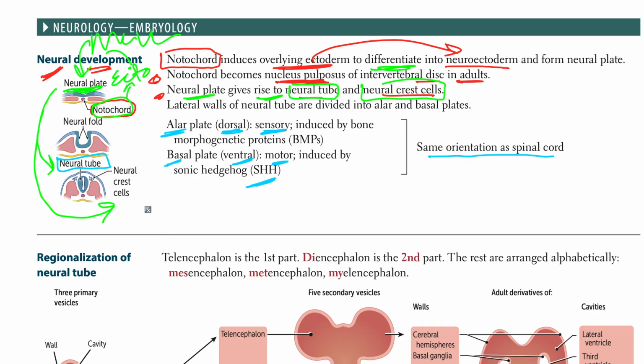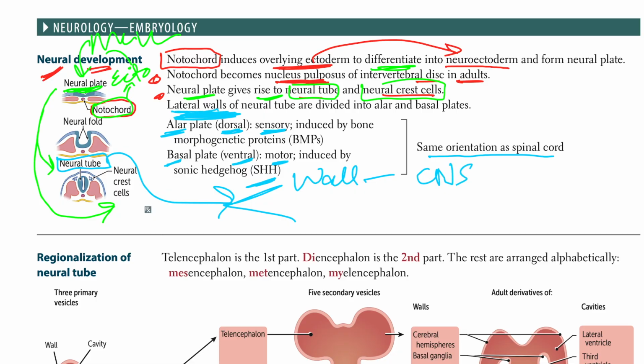Okay, so now just look one more thing here, that this neural tube is going to form two things then. What is it going to form? The neural tube is going to form the walls of the CNS, which is mentioned right here, and it will also form. So let's just go back one thing. So when you form the walls, right? Let's say these are the walls. You're going to form some lumen. Lumen is the inside part, right?